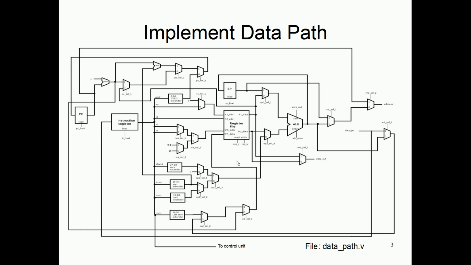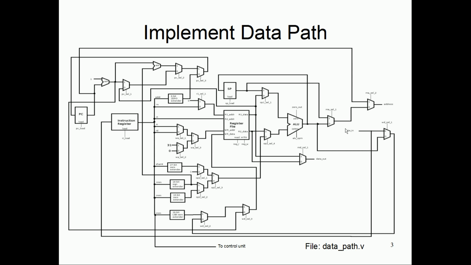The bottom line is that this data path should support the assembly language we were targeting throughout this course. That is the main point. But you can take this as a solution.